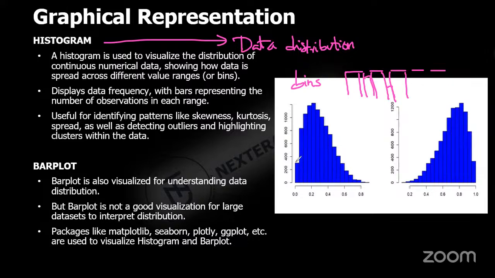Just take the outline of the histogram. Where do you see the long tail? Towards the right-hand side. So that means it is positively skewed data. In the second plot, I see the tail towards the left-hand side. This is negatively skewed data.